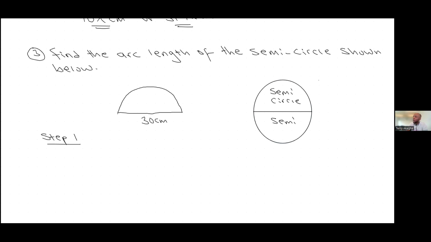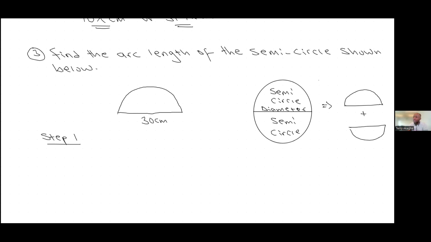You have one like this, and you're going to have another one like this. Are you getting it? So the line segment here that divides it is called a diameter. Are you seeing it? It is a diameter that divides a circle into 2 equal parts.